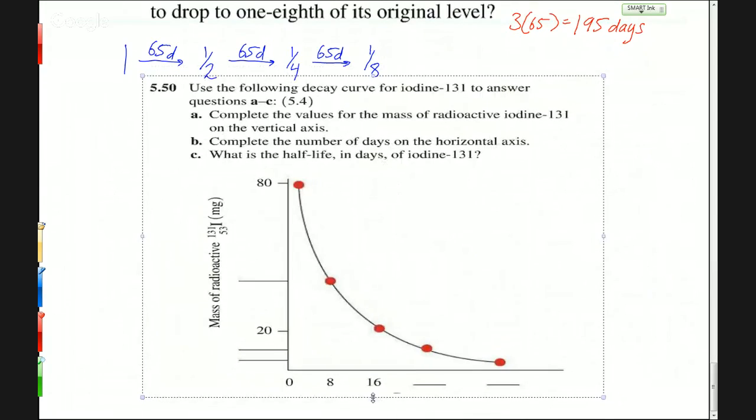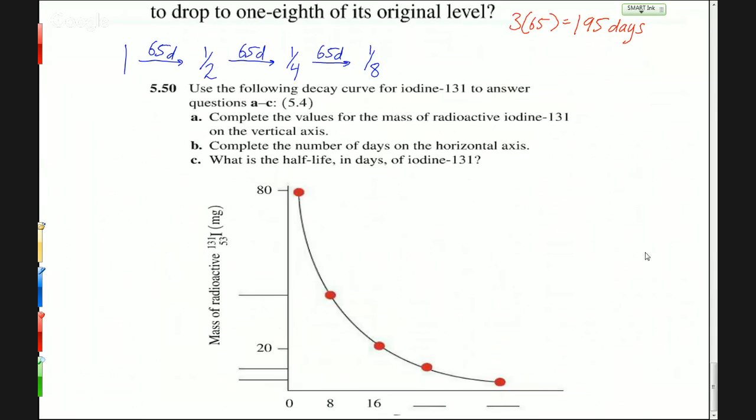It says, use the following curve to answer these questions. Complete the values for the mass on the vertical axis, and then complete the days on the horizontal axis, and then figure out the half-life just from the data in the graph. So let's see if we can do that. It looks like the things here are cutting in half each time. So 80, blank, 20, what's going to go there?